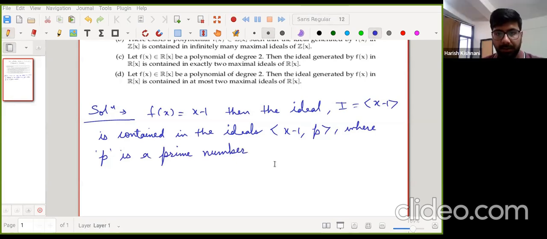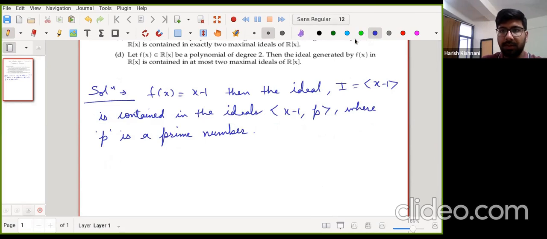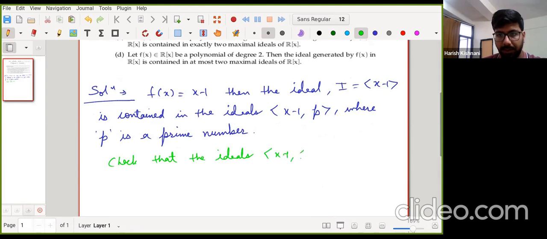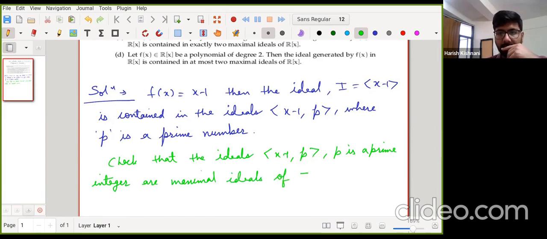It's a small check that the ideals <x - 1, p>, where p is a prime integer, are maximal ideals of Z[x].